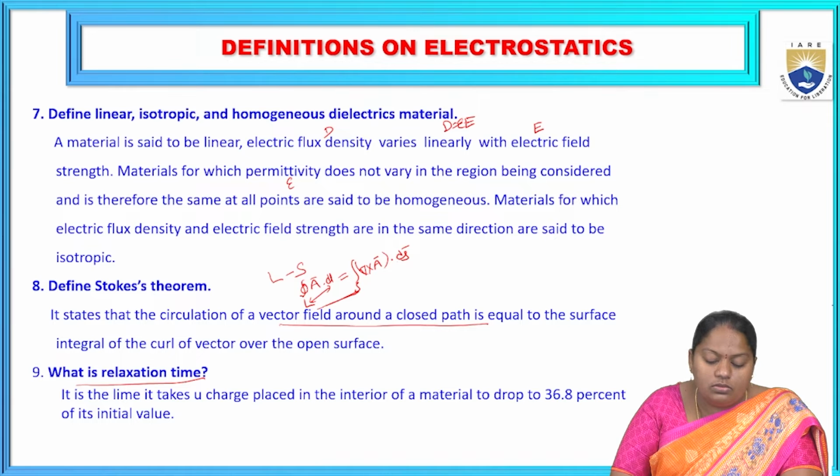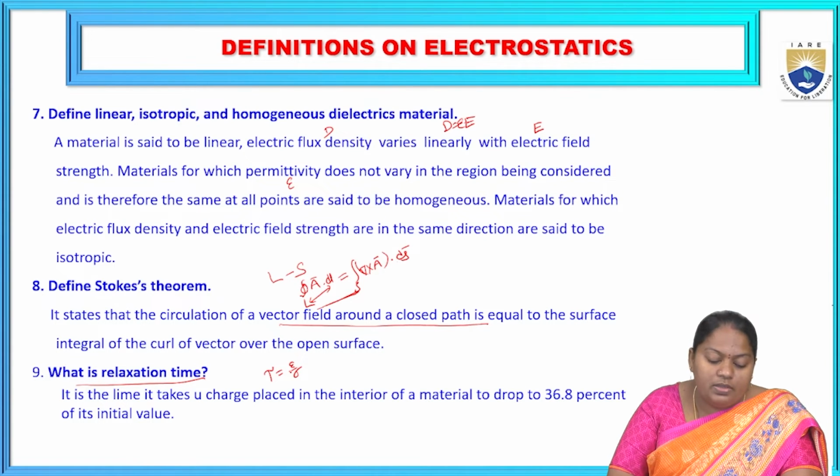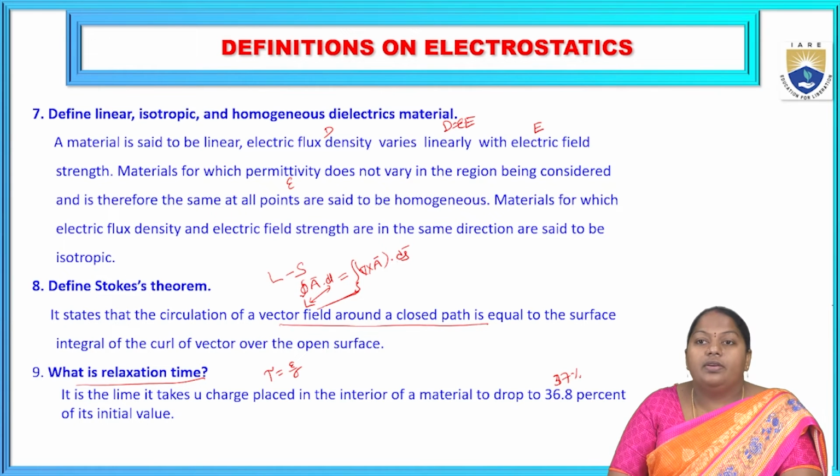Relaxation time is the time it takes for the charge placed in the interior of a material to drop to 36.8% of its initial value. 36.8% means it is reduced to nearly 37% of its original value.